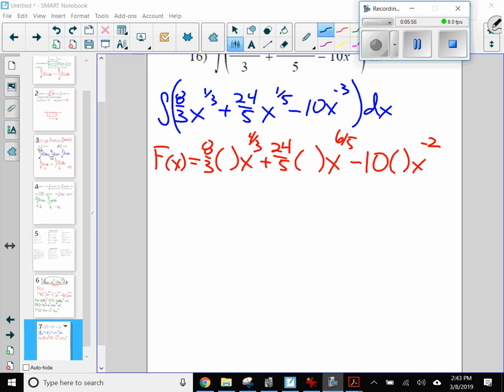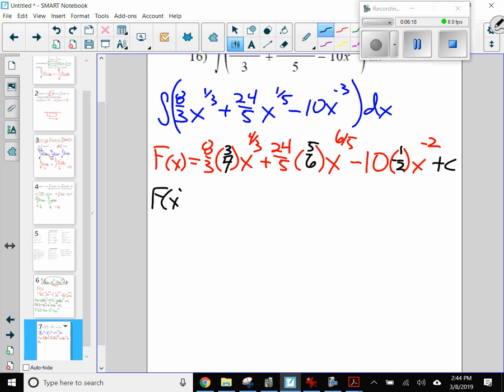So filling in my placeholders, here I have the reciprocal of the exponent, so that would be 3/4. This would be 5/6. This would be -1/2. And so I now have plus c.